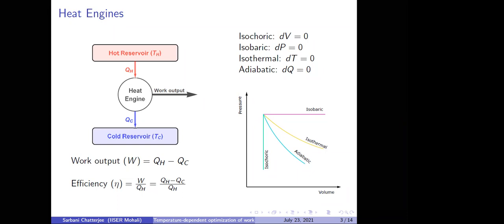Okay, so as we know, PV diagrams or pressure volume diagrams are a primary visualization tool for the study of heat engines. If the plot is a line perpendicular to the volume axis, it is called isochoric, since in this case, we have dV equal to 0. We also note that no work is done in an isochoric process.